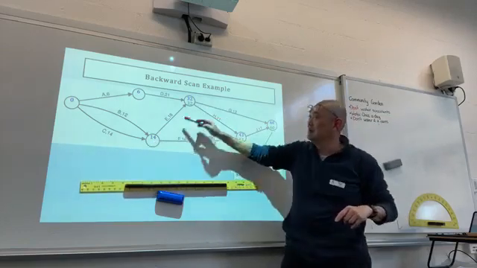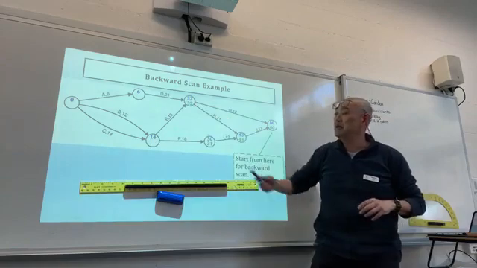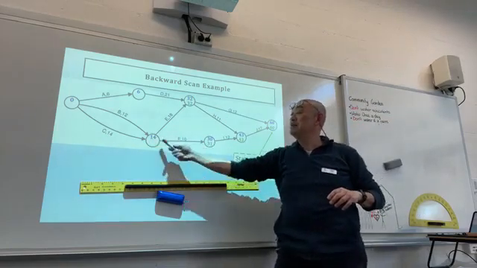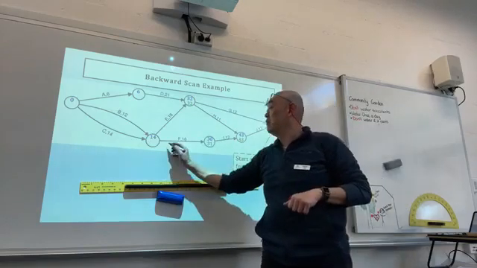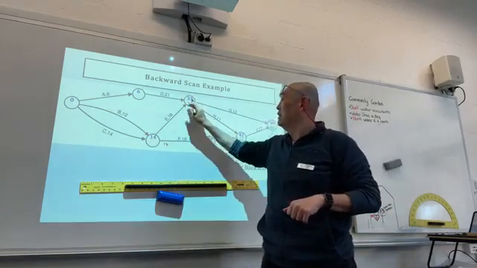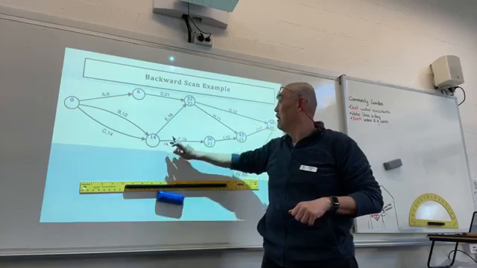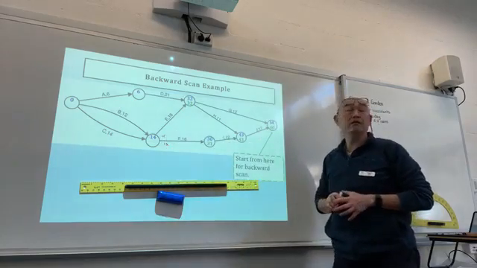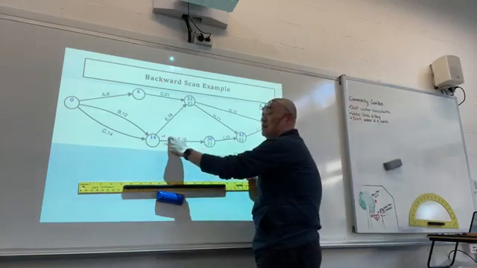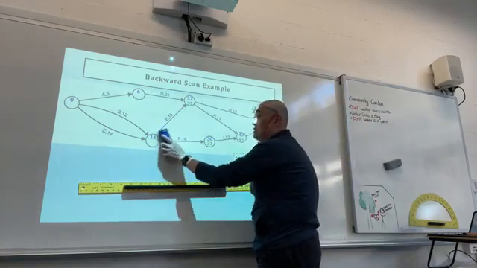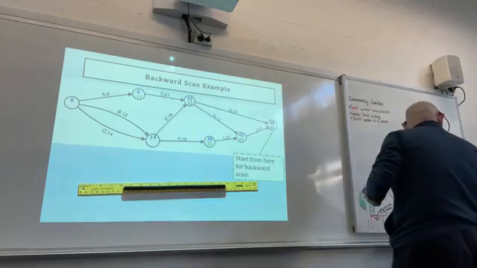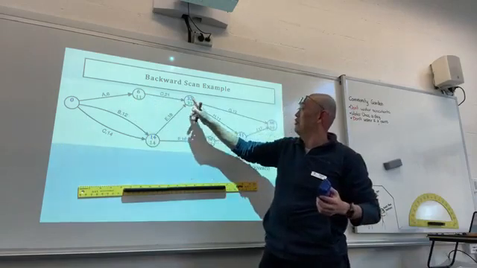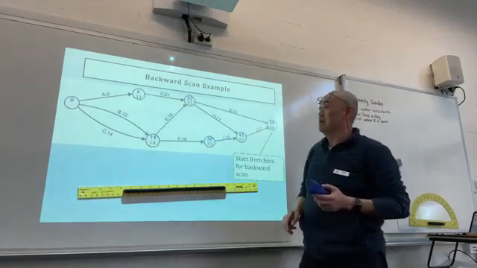What will I get here? 31 minus 16 will give me 15, correct? 32 minus 18 will give me 14. So which one do I pick? 14. So that's how you do it. All right? 32 minus 21 gives me 11.